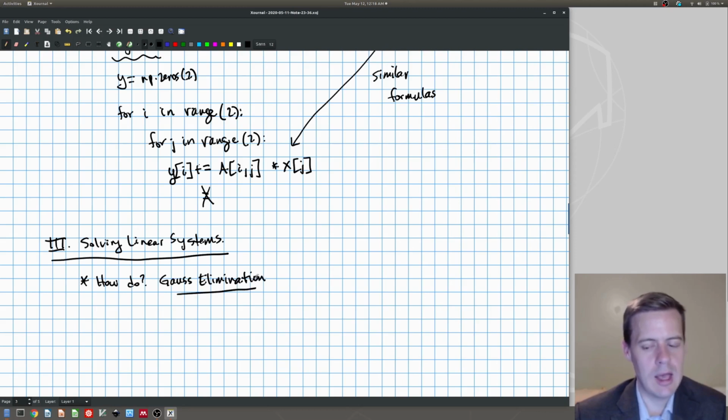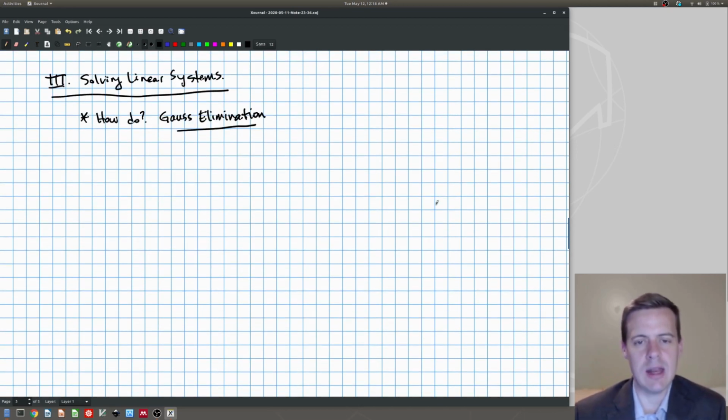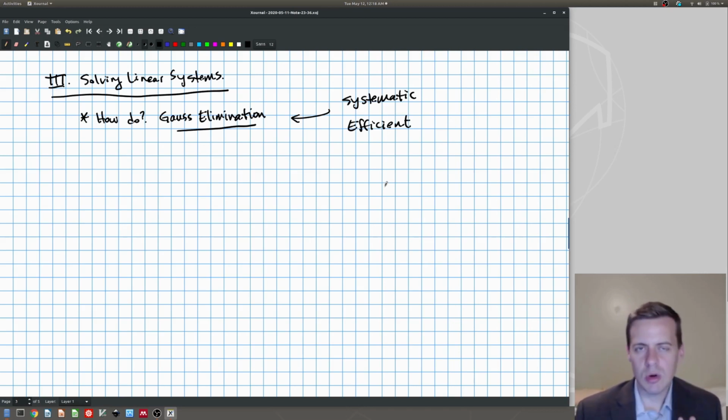Gauss elimination is a way of doing it systematically. So systematic, it's efficient. Maybe the way you learned in high school, you have to do a lot of manipulations. This one is pretty efficient.